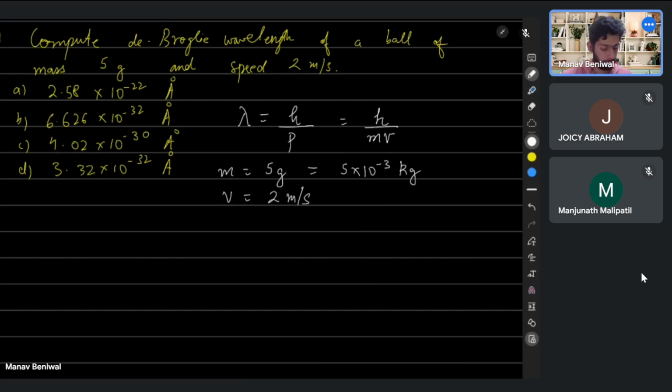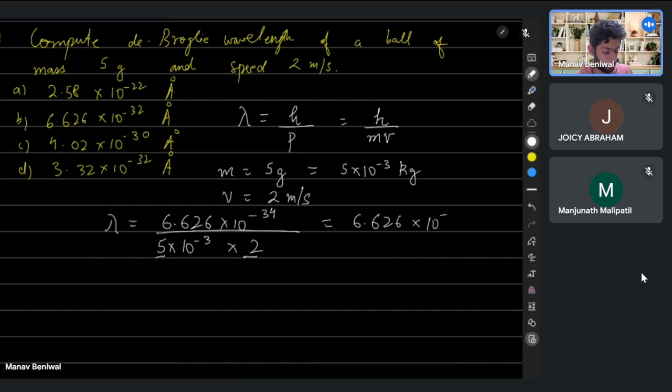So then our lambda becomes 6.626 into 10 to the power minus 34 divided by 5 into 10 to the minus 3 multiplied by 2. So 5 times 2 is 10, and this becomes 6.626 into 10 to the power minus 34 over 10 to the power minus 2.